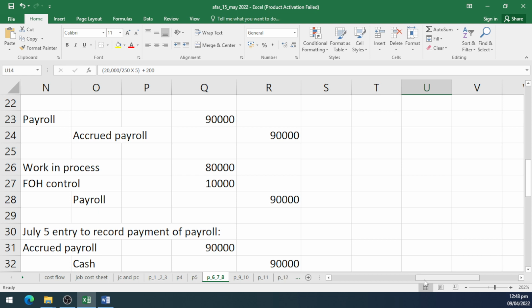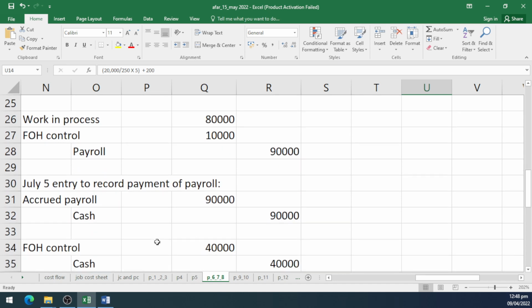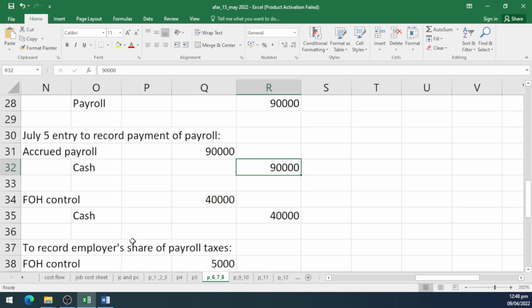Then, pag nagbayad yan on the 5th of July, itong magiging entry ninyo: debit to accrued payroll, credit to cash, 90,000. Okay. We record the overhead control or the overhead incurred. During the month, 40,000 overhead is paid. So, debit to factory overhead control, 40,000, credit cash, 40,000.